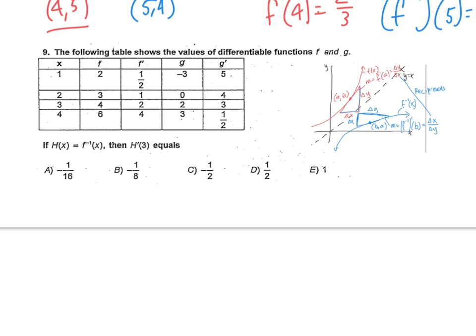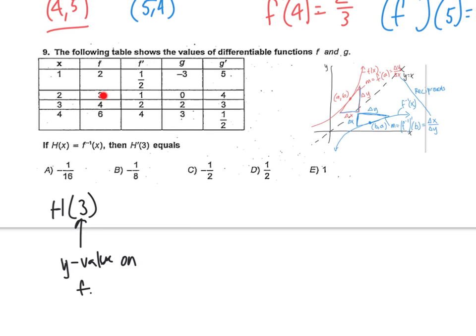So what I want to do is talk about the point on the graph. What is h of 3? Let's just think about the point. And so 3 is the y value on f. So I'm going to look at my column for my function values, and I see that this is the y value here.